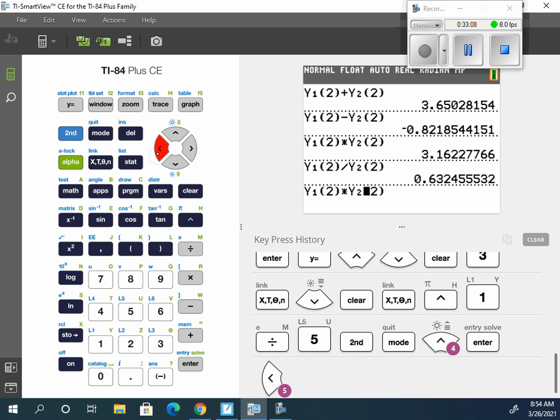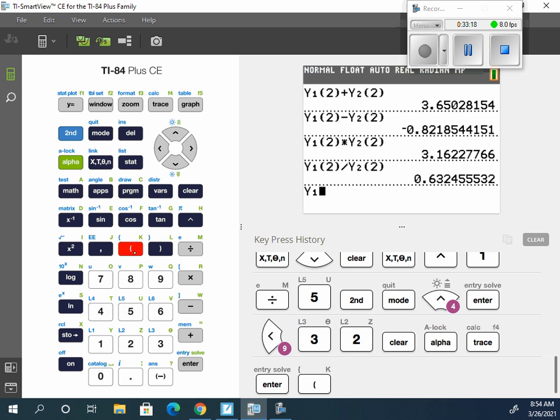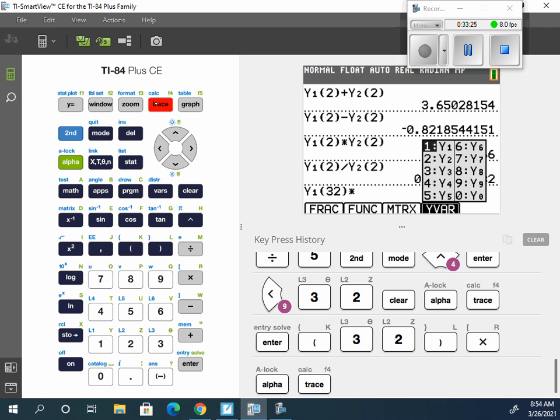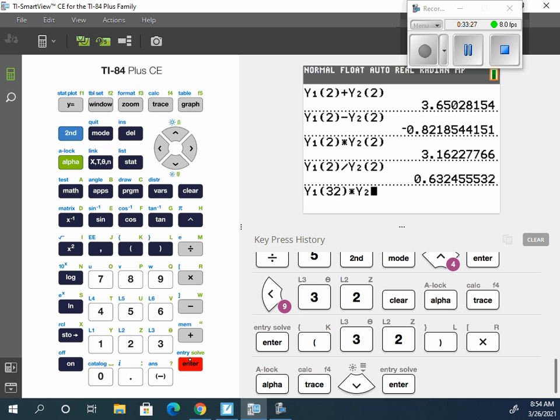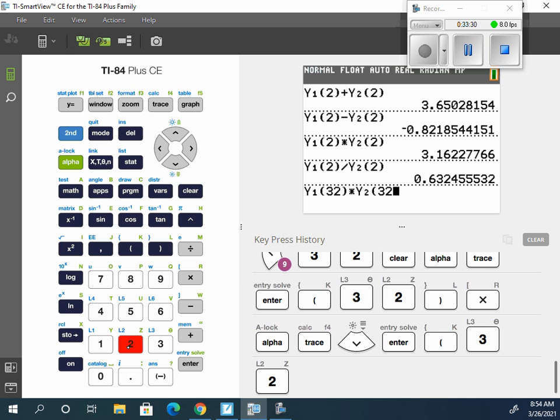I'm going to have to type this back in because it was cleared. Alpha trace y1 of 32 times alpha trace y2 of 32. Now when we multiplied those two functions together for 32, we got what? 192 for the previous problem when we multiplied them together.